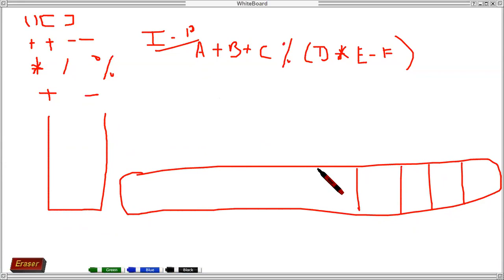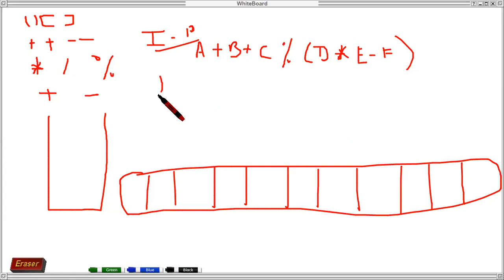I'm just drawing unlimited boxes, whatever is required. Now, first thing first, we are asked to write the entire expression in the reverse order. So what do we have?